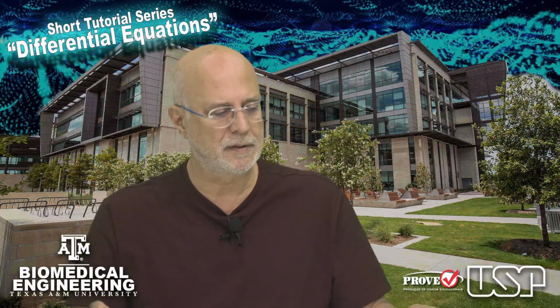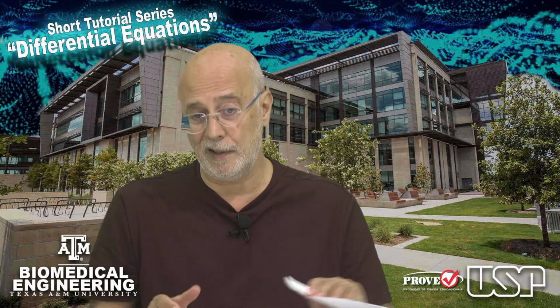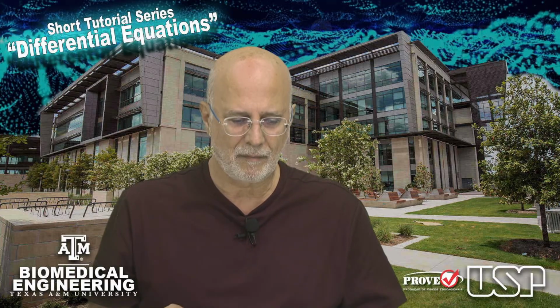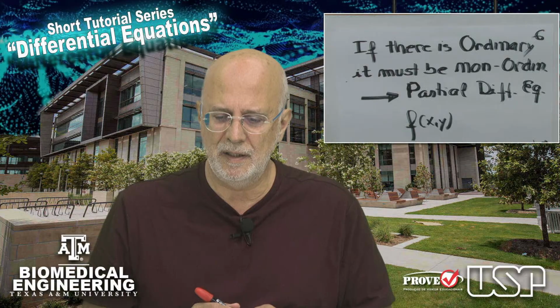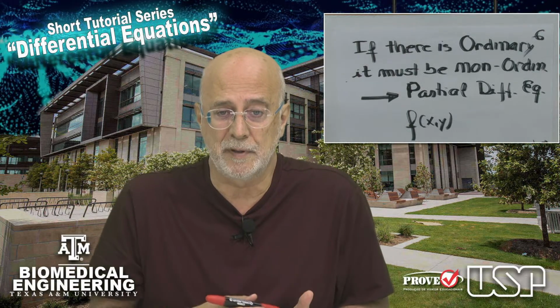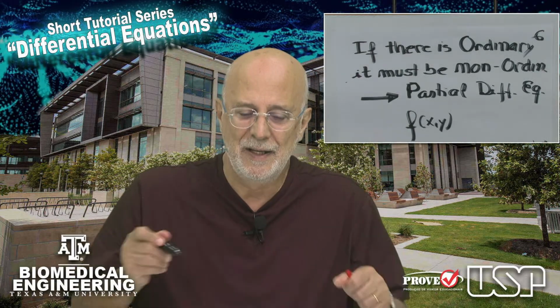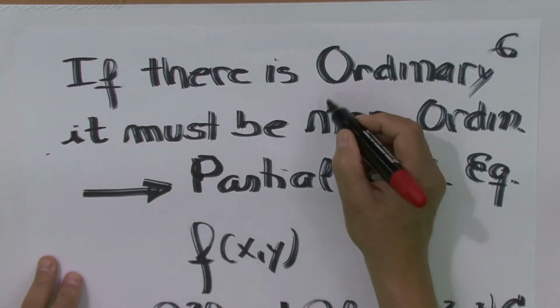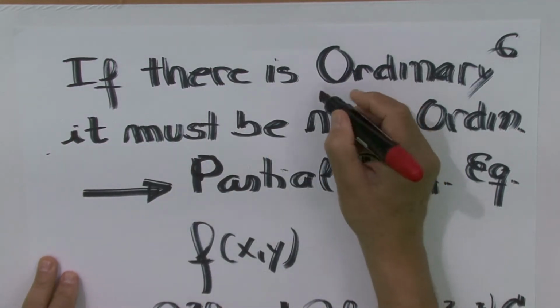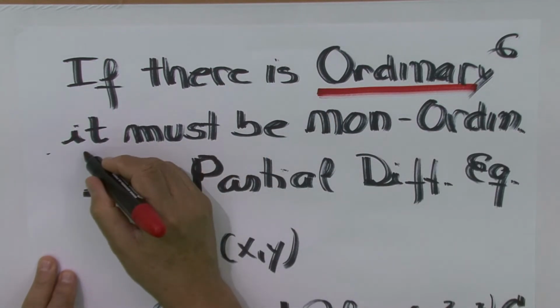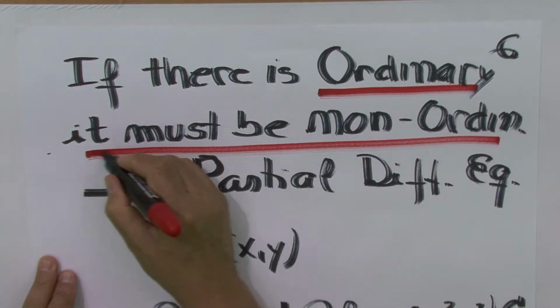Okay? Well, so if there are differential equations that are ordinary, natural question is, if there is the ordinary, it must be a non-ordinary, right? This is normally. So if there are, or if there is ordinary differential equation, it must be a non-ordinary differential equation.